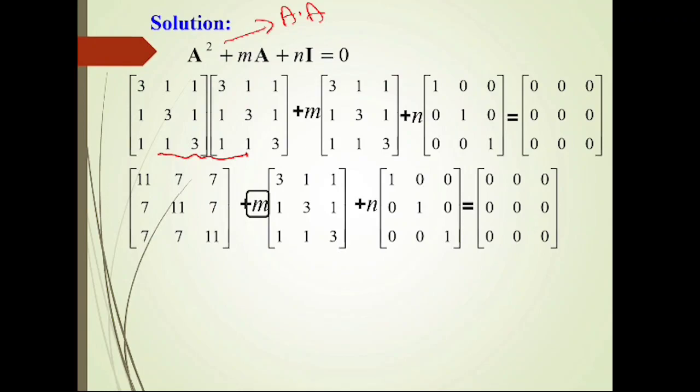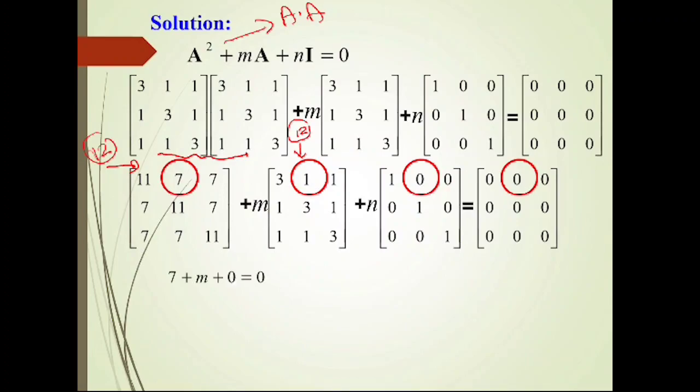Now, you want to find the values of m and n. You can choose any element, and let's say I choose the element in the first row and second column, so I have to choose the first row and second column as well for this matrix and the rest. Now we can just compare the values. 7 plus m plus 0 is equal to 0.